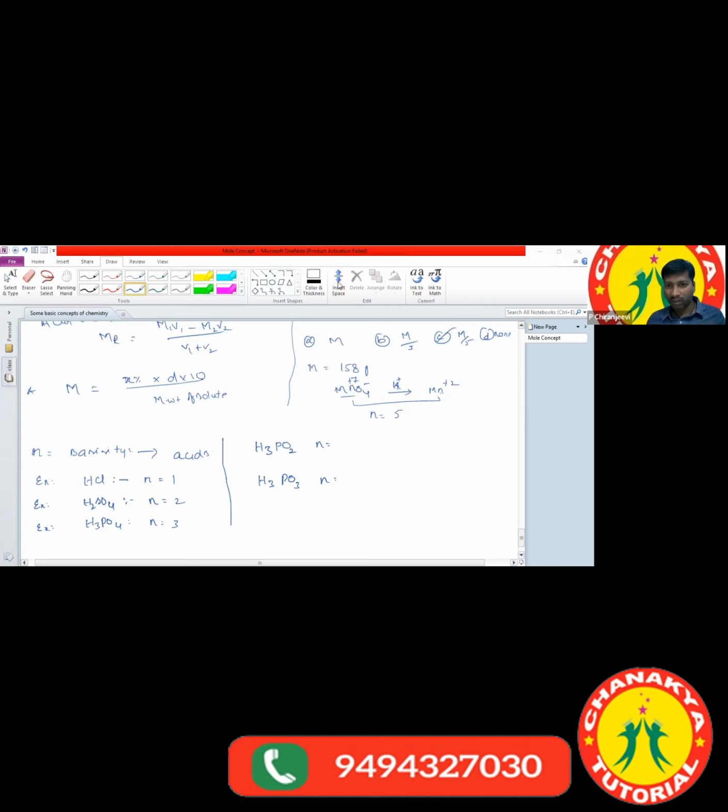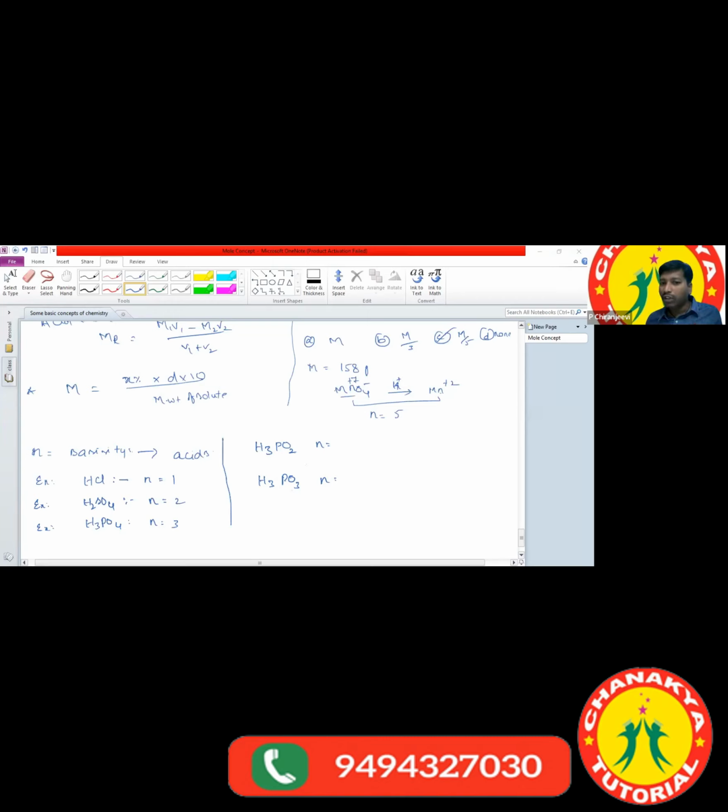Very good, Samhita: in H3PO2 the N factor is 2. Shriyuta, do you have any idea about this one? Anyway, I'm going to explain it to you.